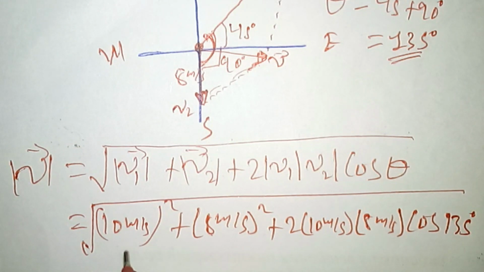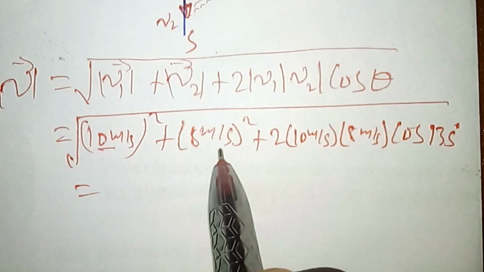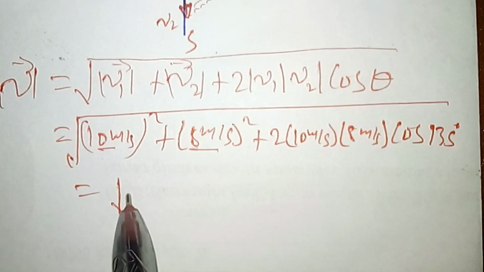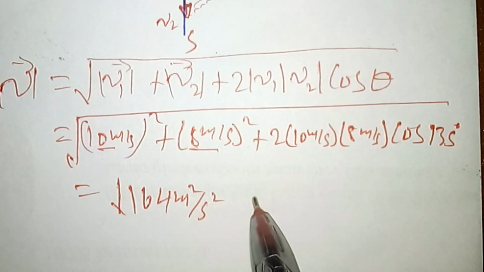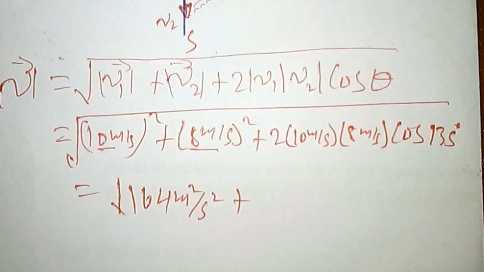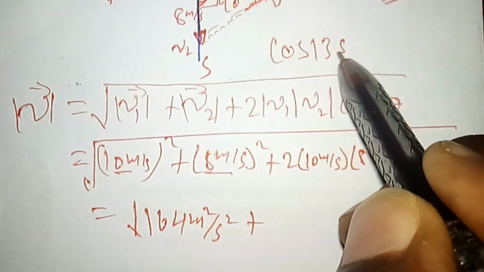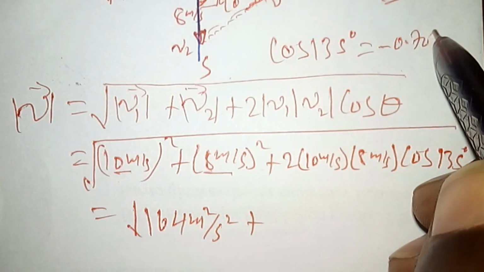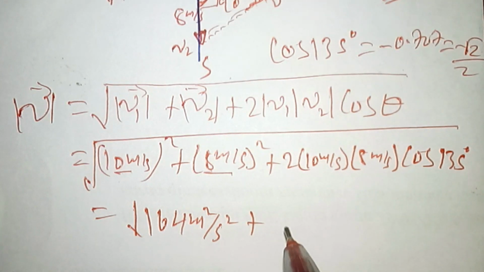So these numbers give me 100 and 64, that means 164 meter squared per second squared plus, so we know that cos of 135 is equal to negative 0.707, or it is the negative of radical 2 over 2.